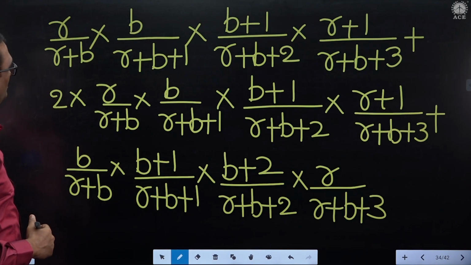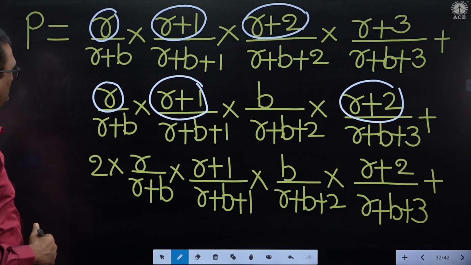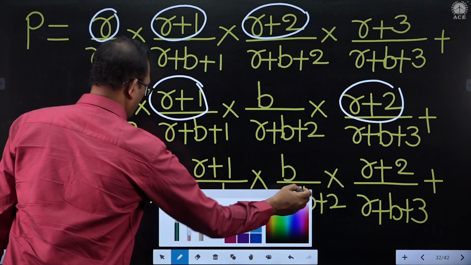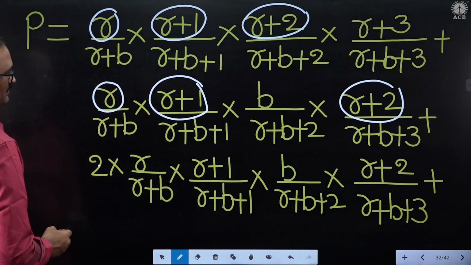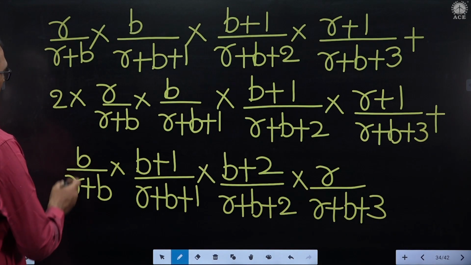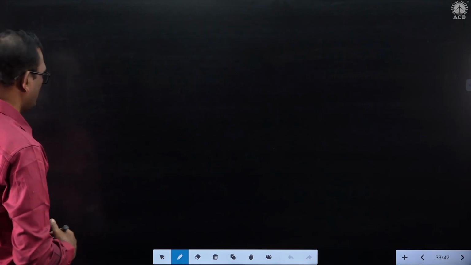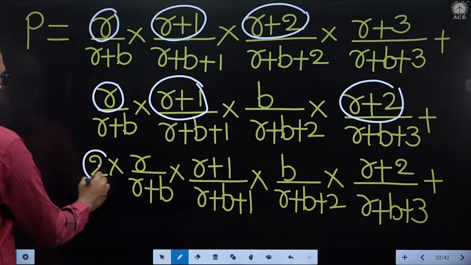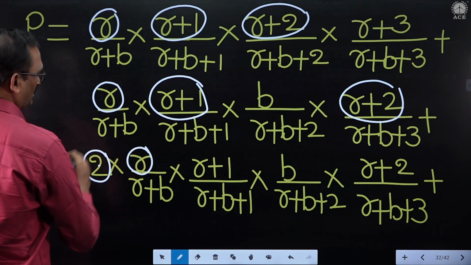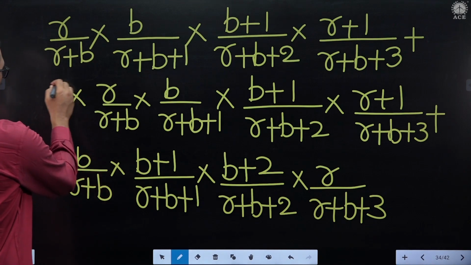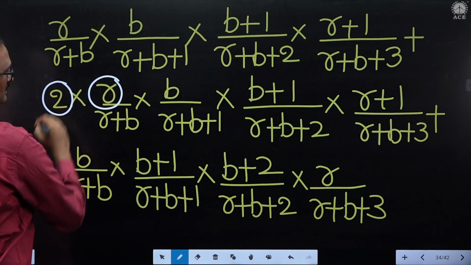Now you observe here, 2 common, here also 2 common. Let me take out the common factors. 2 are common. Here also 2 are common.